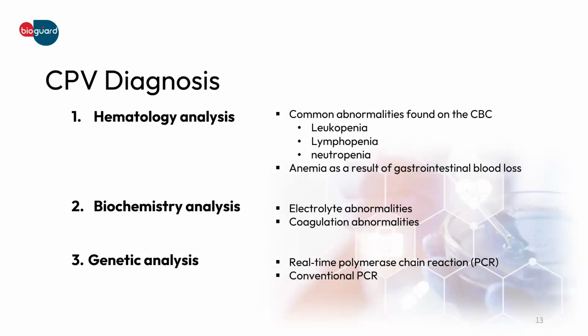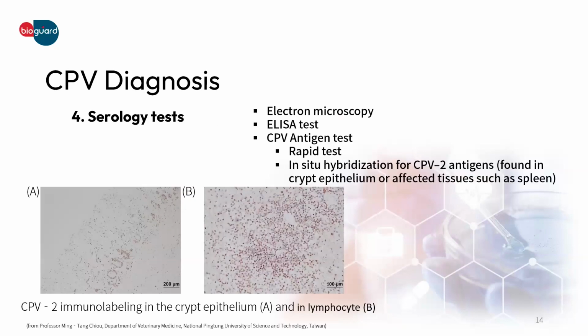Real-time PCR also plays a very important role because it can detect the virus precisely, as can serological tests such as the ELISA test or CPV antigen test, or in situ hybridization of CPV2 antigens, which can be performed to make the correct diagnosis.